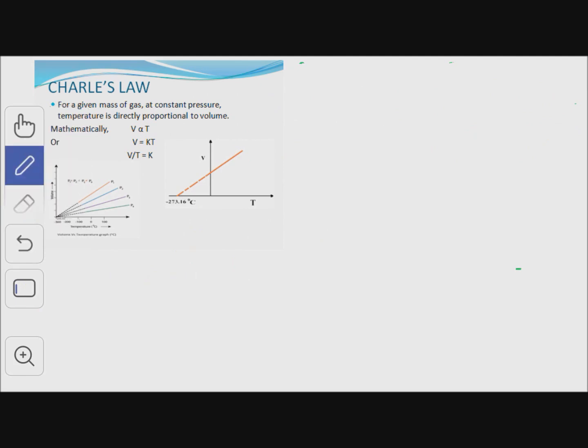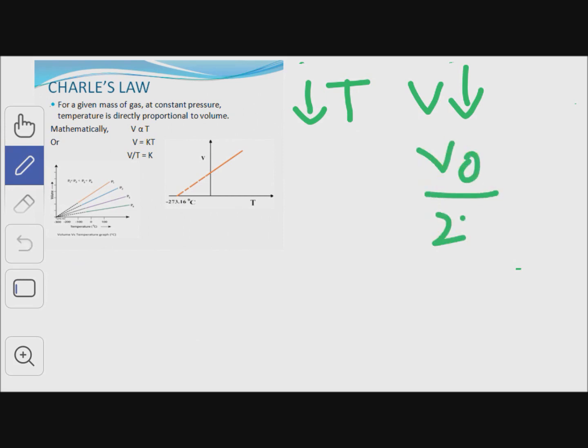If we decrease the temperature, then volume also decreases, and the amount of decrease is the same, that is V naught upon 273.